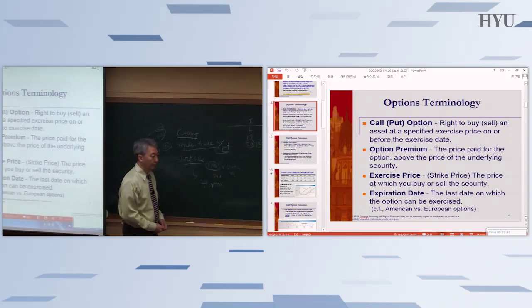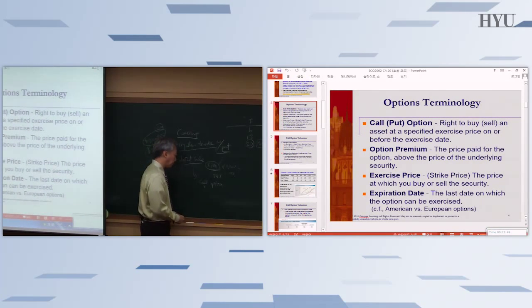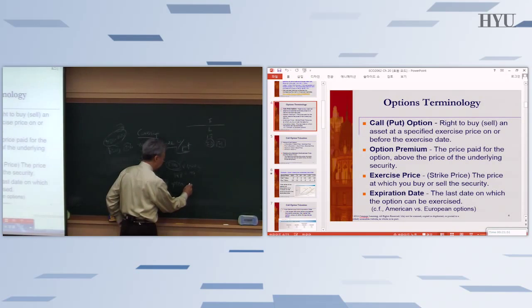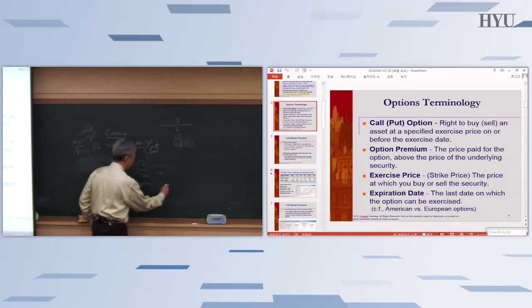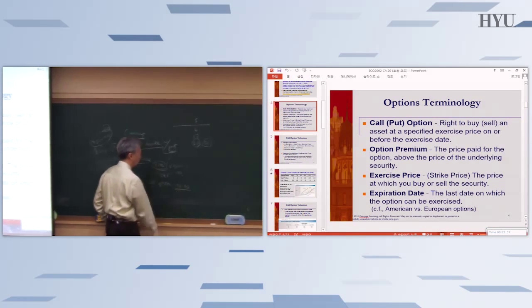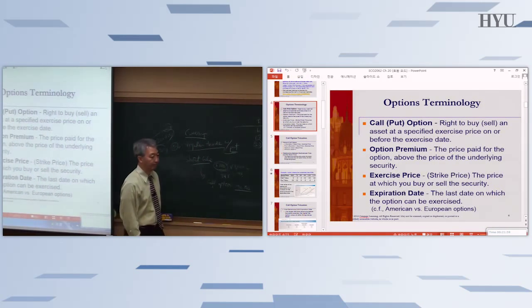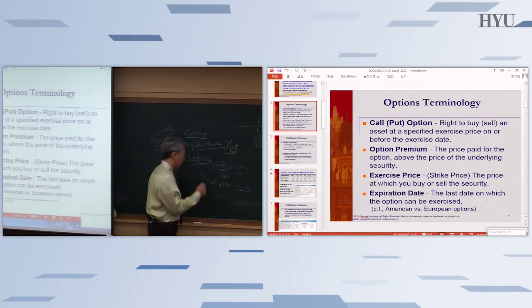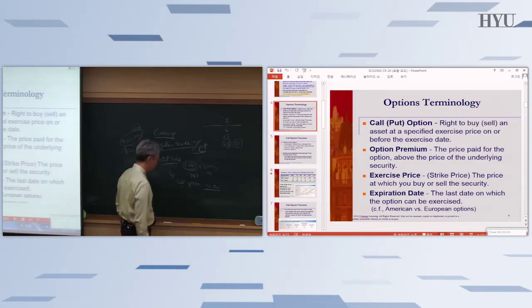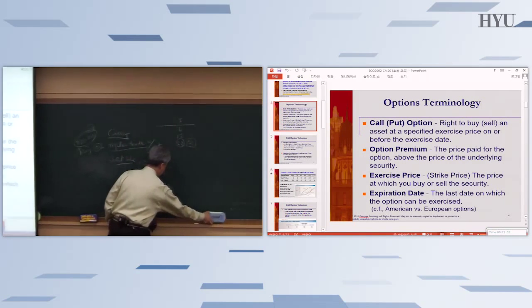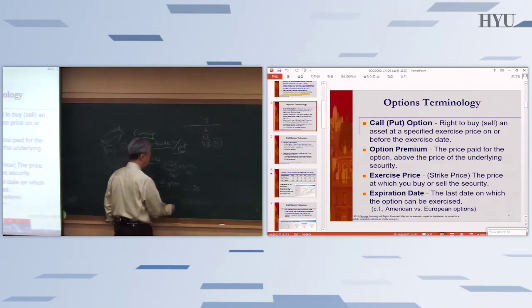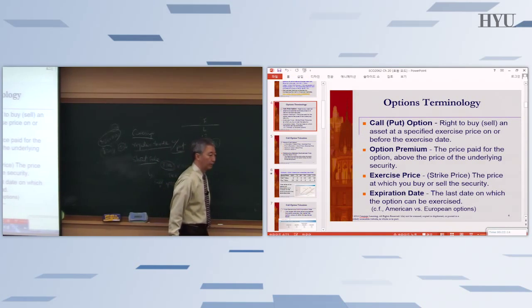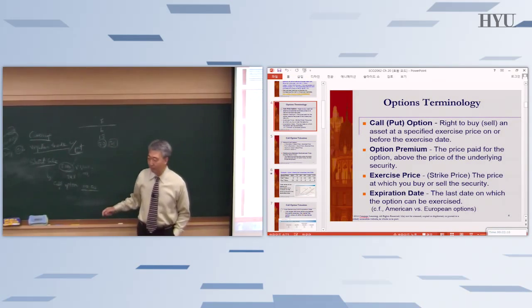Okay? And let's say, suppose you purchase a $90 February option. Okay? So, in case, the $110 February option, it's going to be pretty cheap.